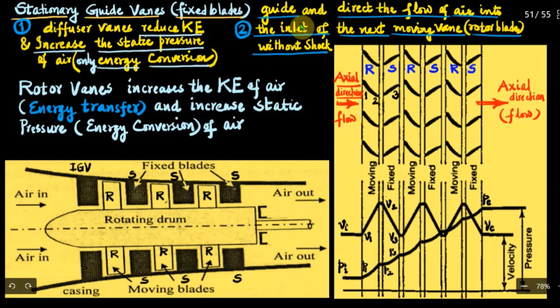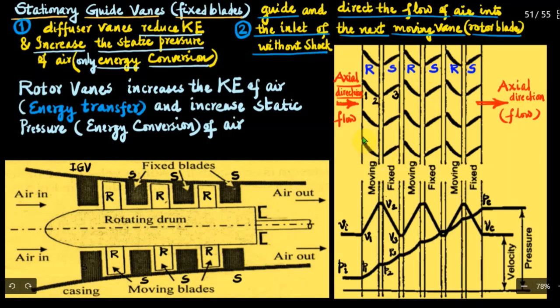So in order to ensure a shockless entry, the stationary guide vanes or stator vanes guide and direct the flow of air successively, because in every stage we have rotor vane, stator vane, rotor vane, stator vane in alternate positions. So it will ensure this function.